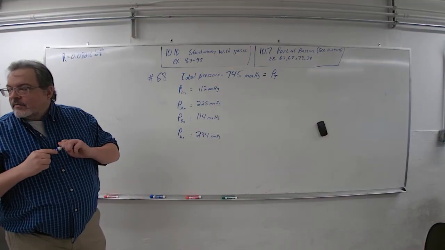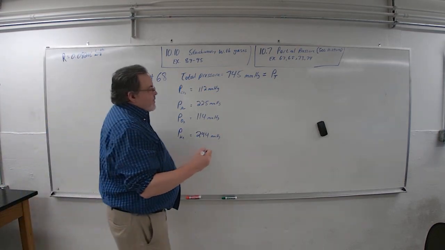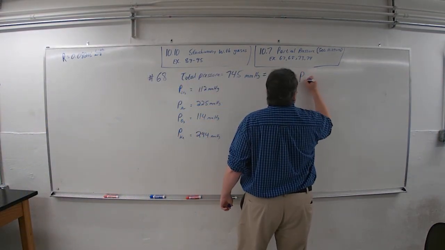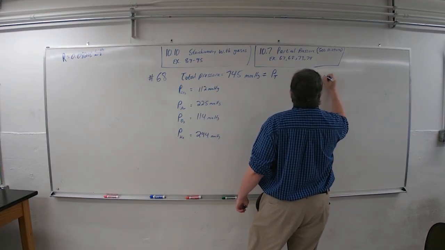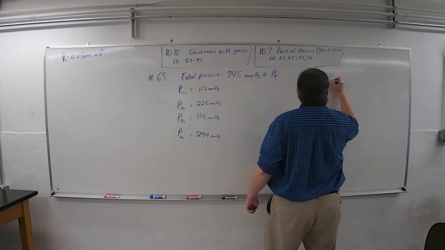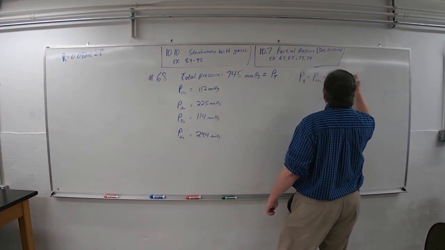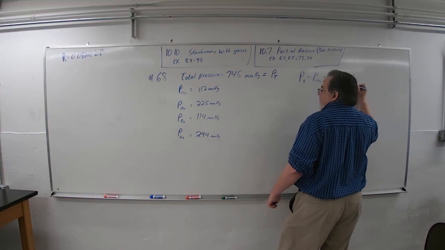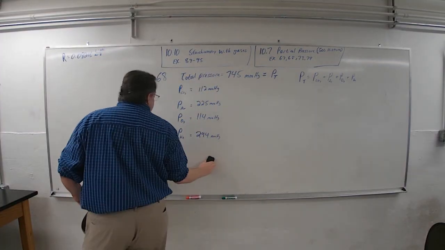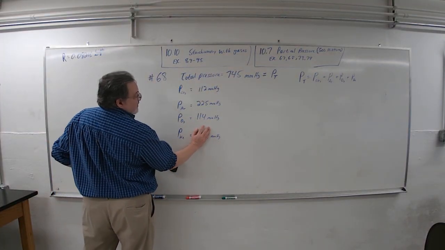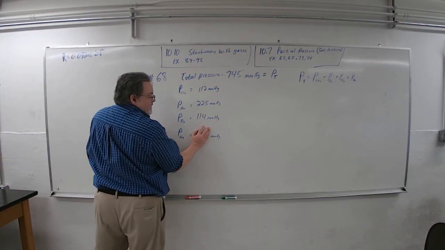It's not any harder than that. You guys follow that? So if I wanted to write it in formula, I could say pressure total equals the pressure of CO2 plus the partial pressure argon plus partial pressure O2 plus partial pressure helium. The first question in number 68 gives you all that information, 745 and all of these, and says, oh, by the way, there's also helium in there.